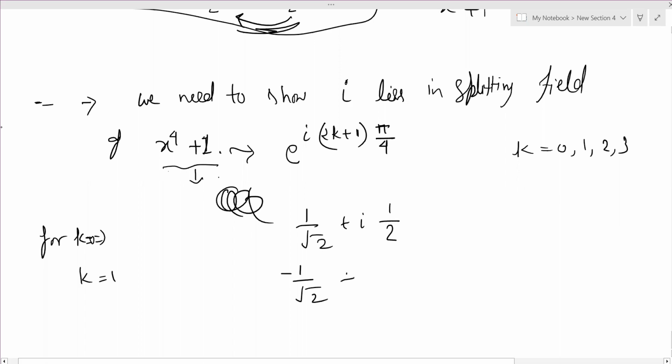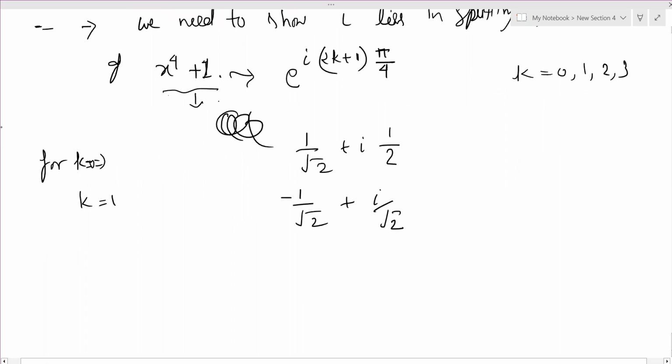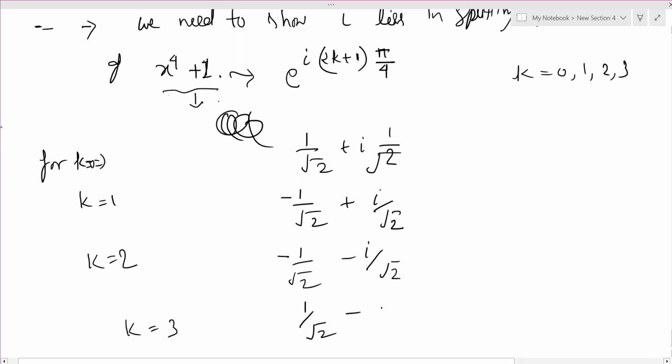For k equals 2, that is minus 1 by root 2 minus I by root 2. And the fourth one is 1 by root 2 minus I by root 2. Okay, assume this is correct.